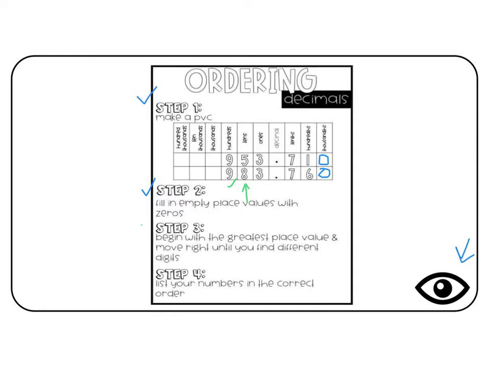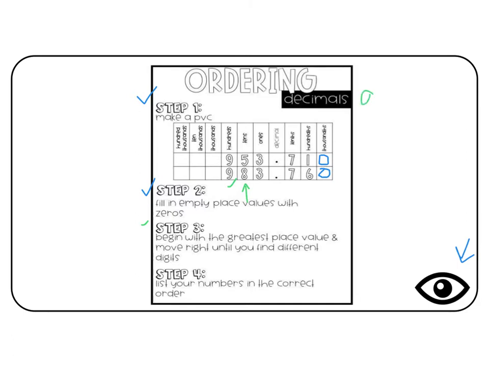Step number 4 says that we're going to write our numbers in order either from least to greatest or greatest to least, depending on what our instructions say. For this example, I'm going to write it from greatest to least. When I think about which number is greatest, I know that 8 is greater than 5, so it should come first.